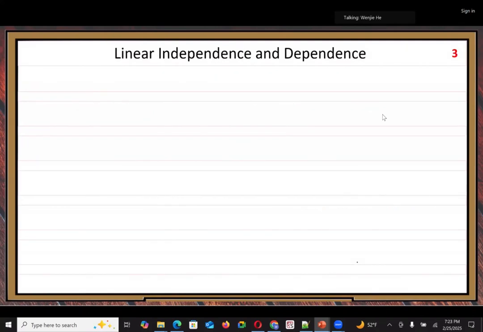Then let's study linear independence and dependence. Similar to the way we studied for the second order ODE, the result is quite similar. So let's look at the result. We call y1 through yn linearly independent, the definition of. How do you define this for n functions?